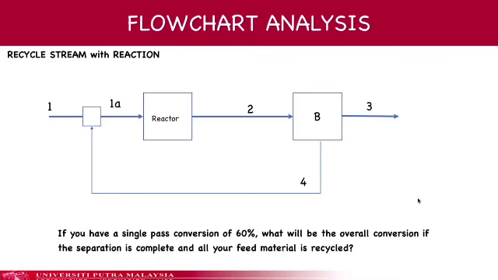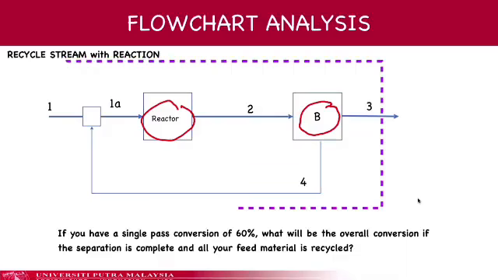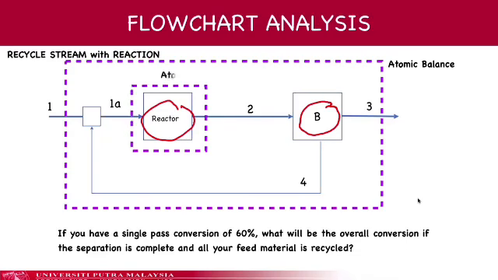For this process, we have two unit operations, which are the reactor and a unit that I call B, but this is basically a separation unit. So unit A is a reactor and unit B is a separation unit. Using the concepts that we have learned, we are able to set up 4 subsystems for this process.